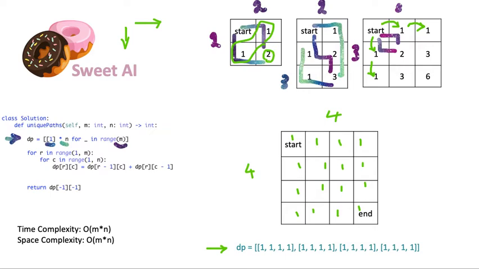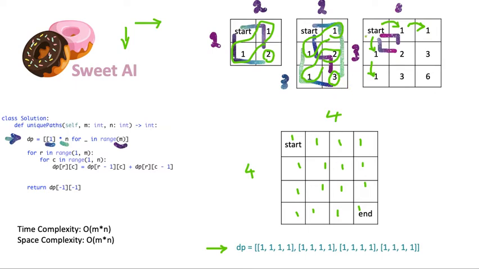Let's see. We can sum up these two and it's going to be 2. That's correct. And sum up these two, it's going to be 3, and 3 is the number of unique paths that we can take to reach this cell.